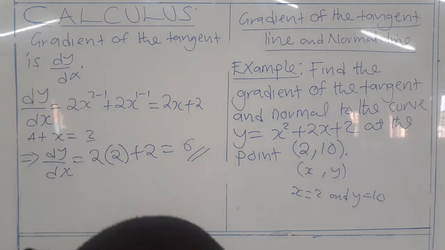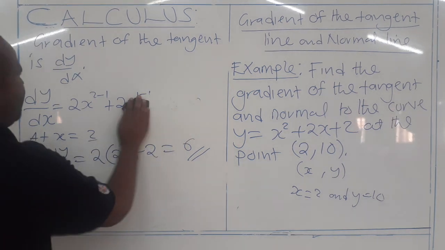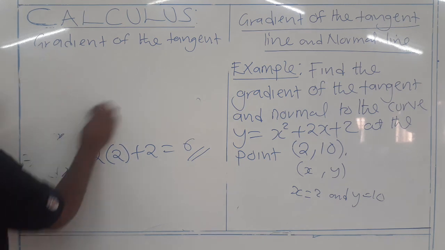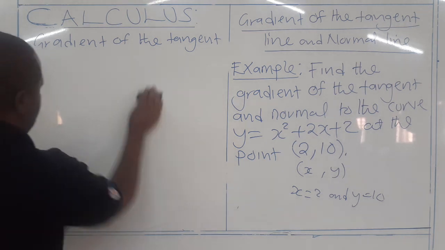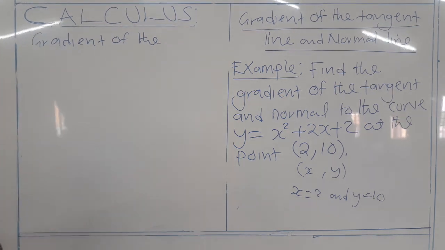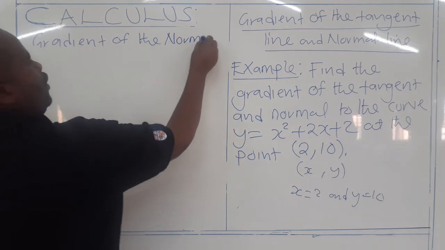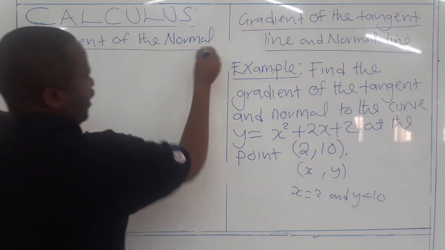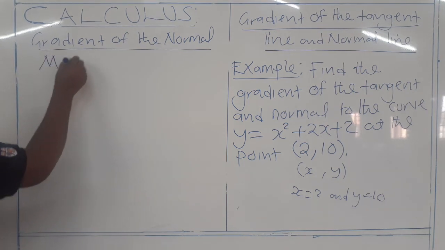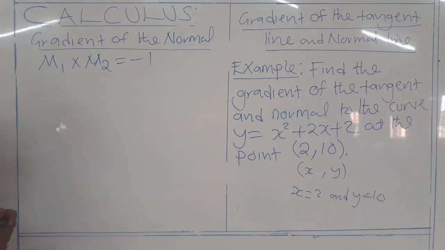Now we can get the gradient of the normal. Like I explained earlier, the gradient of the tangent, which is m1, by the gradient of the normal, which is m2, produce negative 1 when they are multiplied.